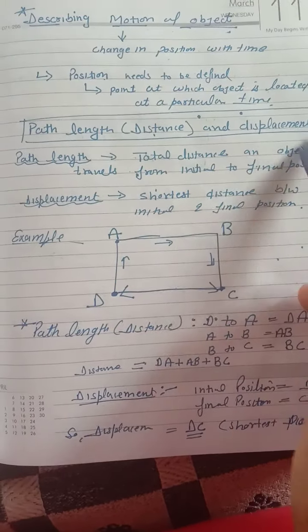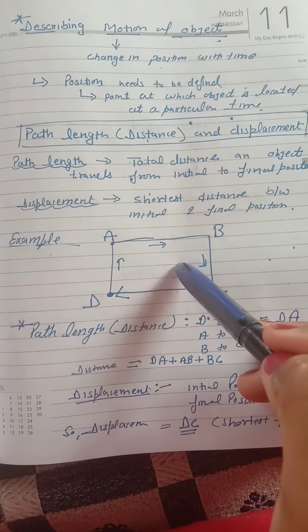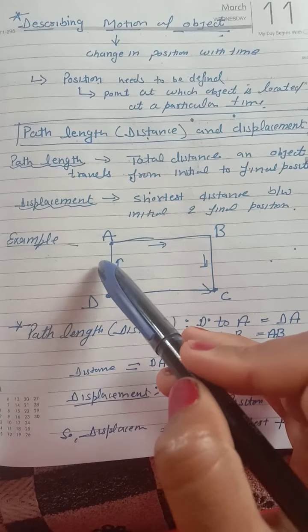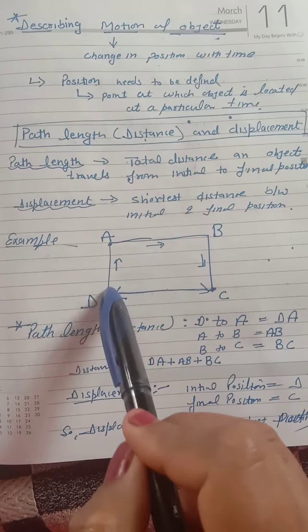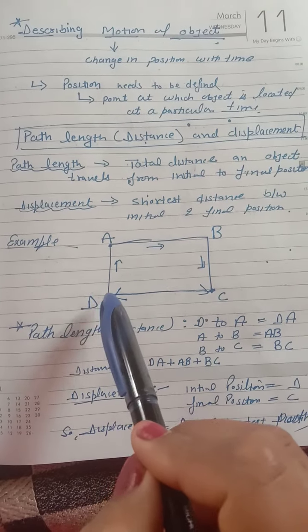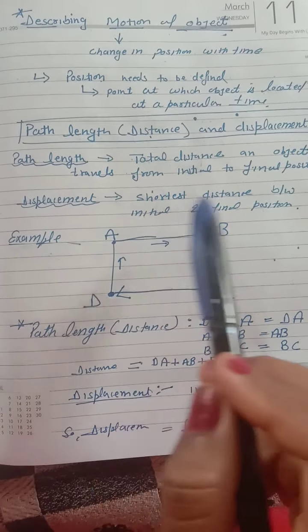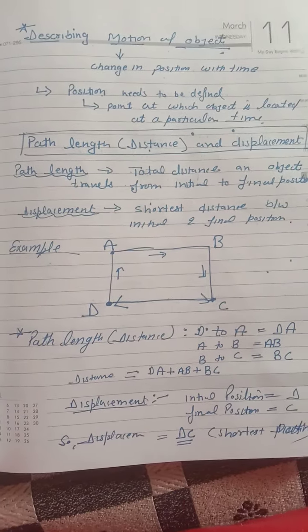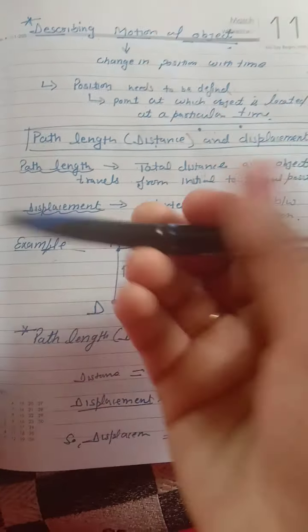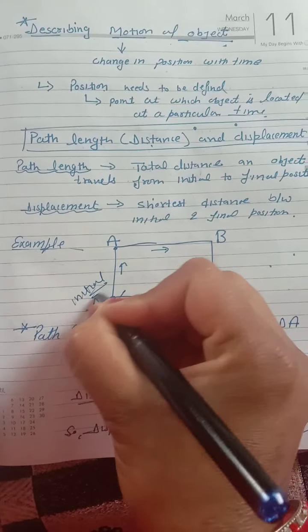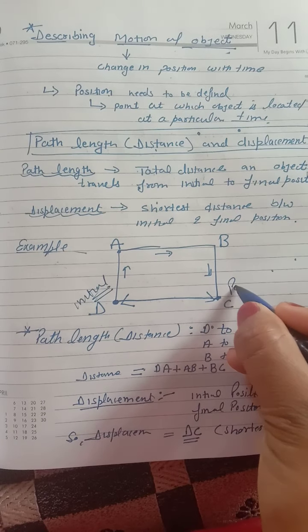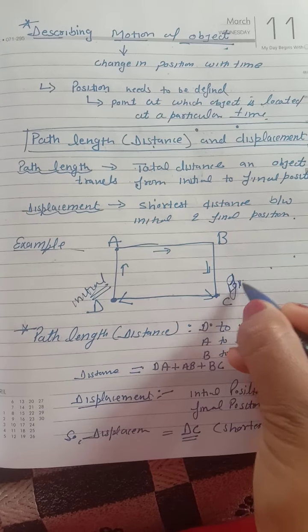To understand these two definitions, I have taken one example. Let us suppose an object is situated at point D. It goes from D to A, A to B, and B to C. So D is its initial position and C is its final position.